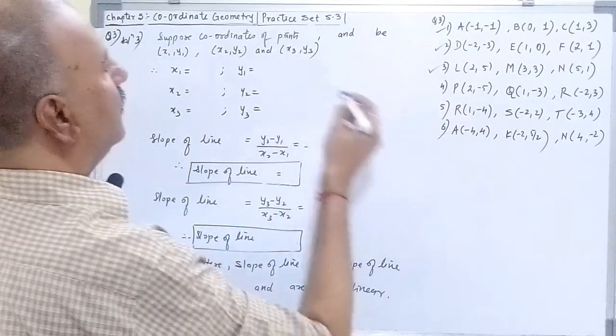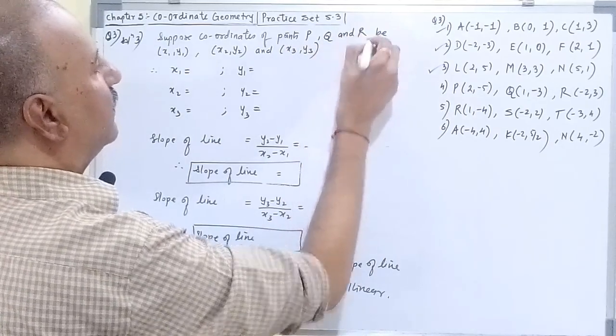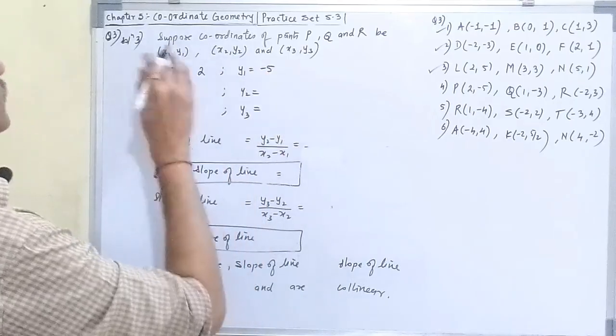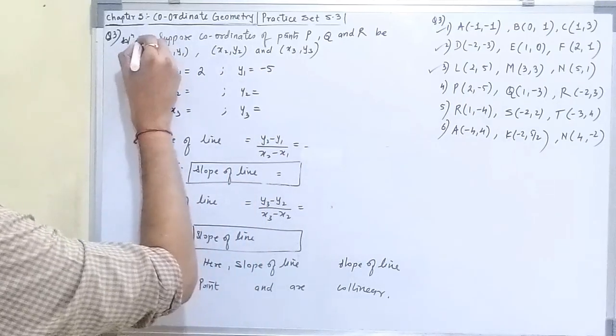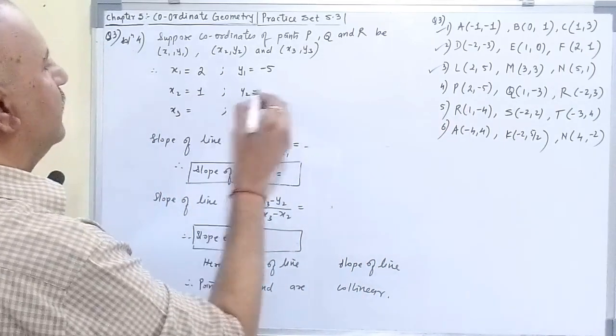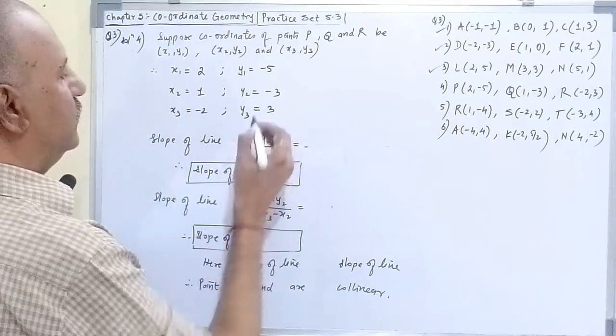The same for the fourth, P Q R. P is 2, -5, this is question number 4. Q is 1, -3, R is -2, 3.